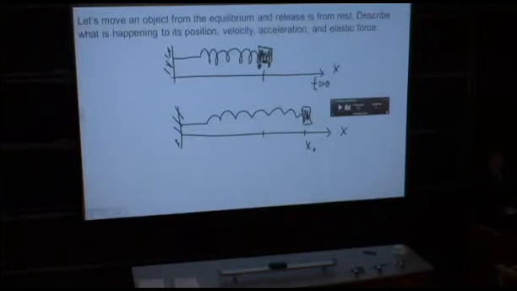Now, where can we choose the origin? Yes? The initial position? Initial position. Where else can we choose the origin? Yes.